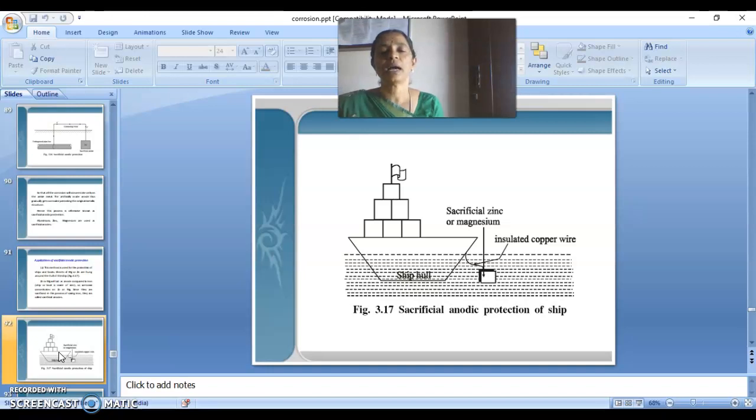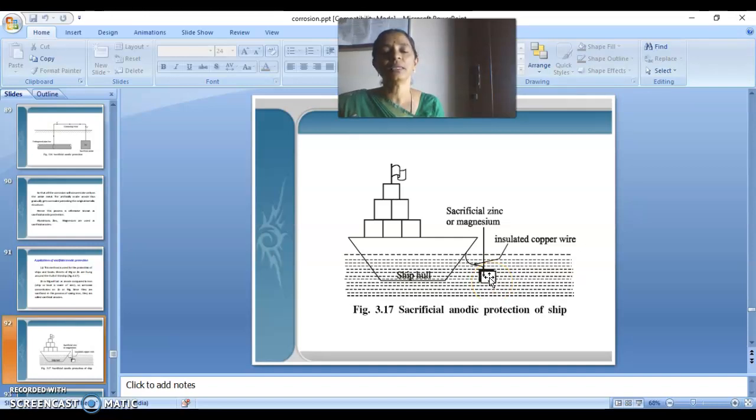So iron acts as cathode, but the metal magnesium or zinc acts as anode. So all the corrosion phenomena are concentrated on this newly connected metal, zinc or magnesium.